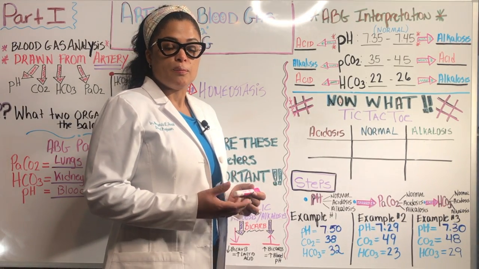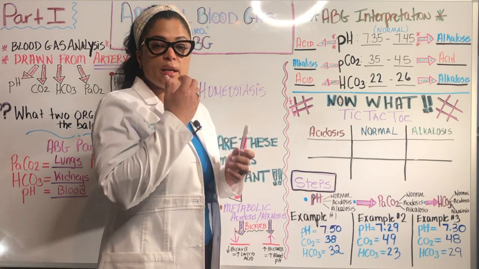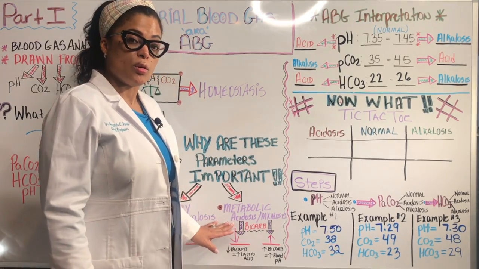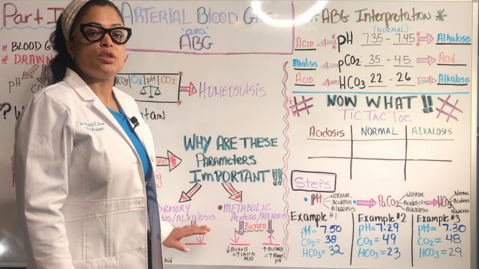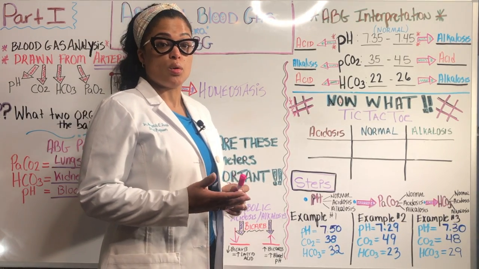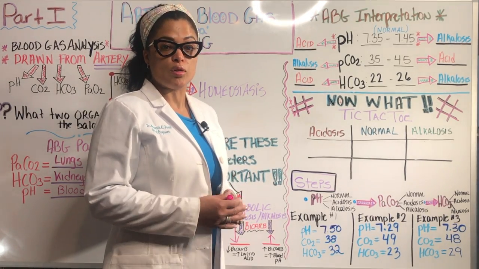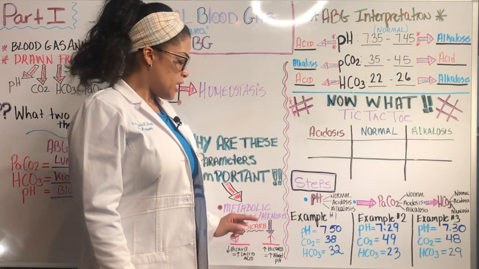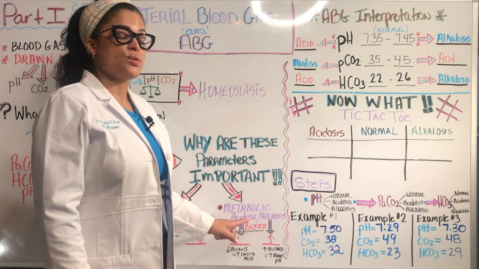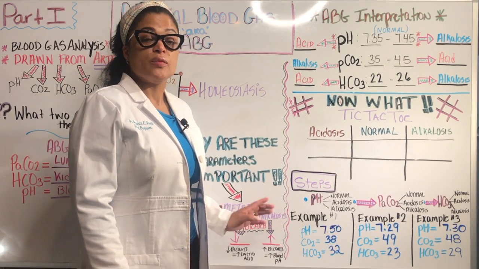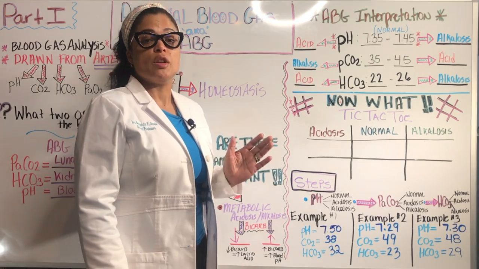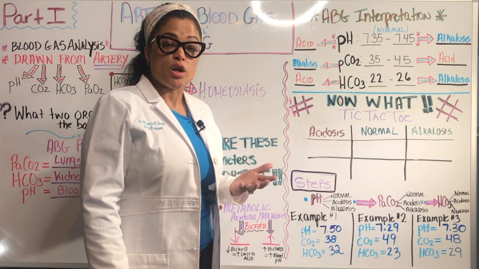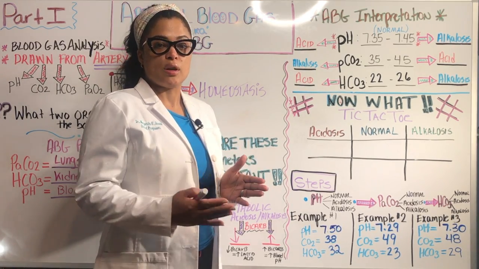What does that mean? If my bicarb is still abnormal, the CO2 is not going to be normal anymore. It's going to be in an abnormal range. Normally, when you have either metabolic acidosis or metabolic alkalosis, CO2 should always be within normal range. When there is partial compensation, it gets out of that range.